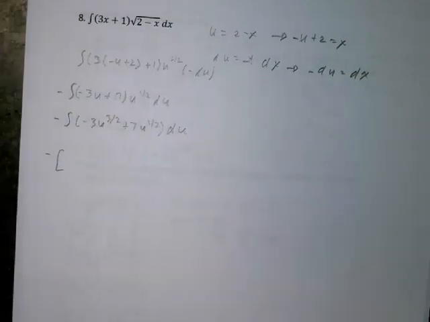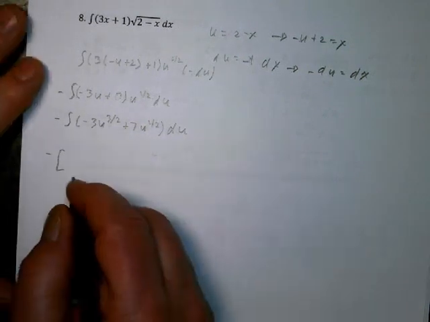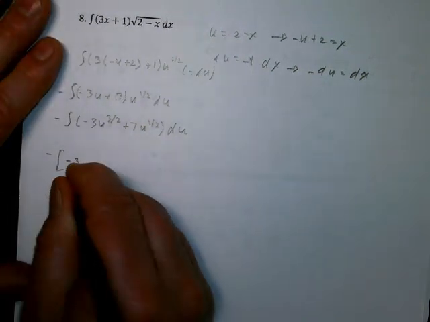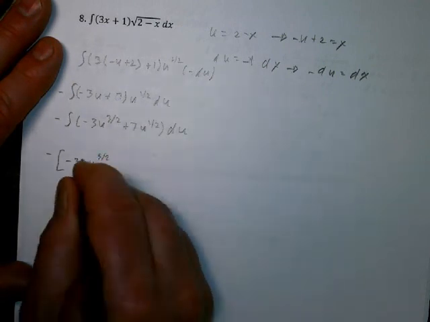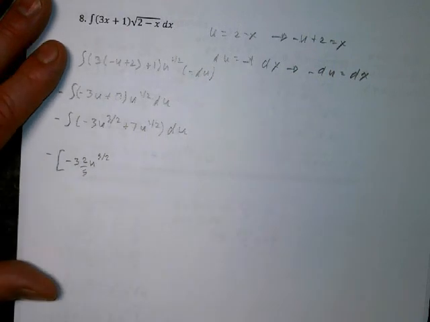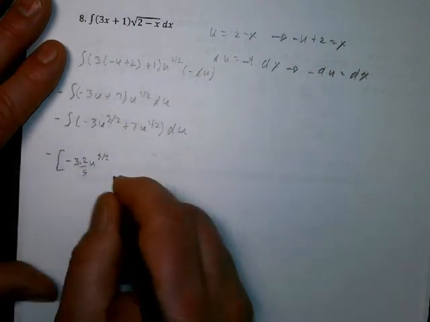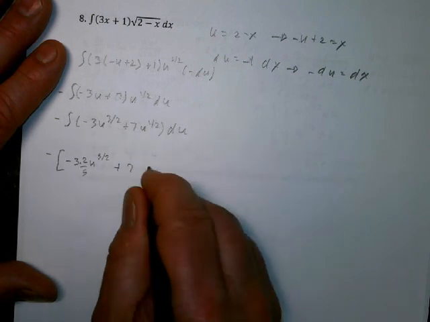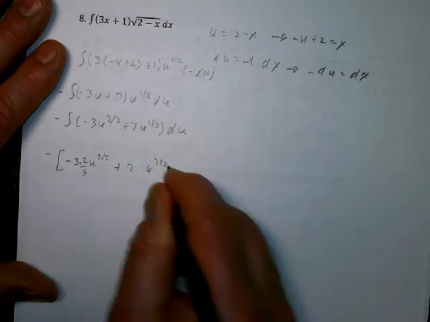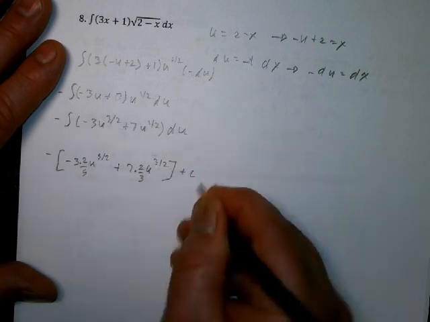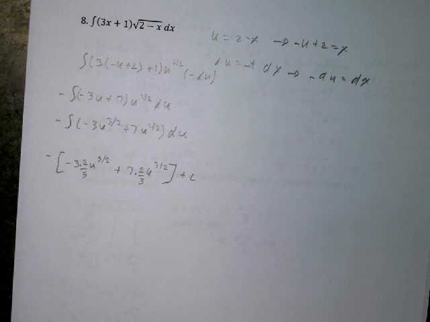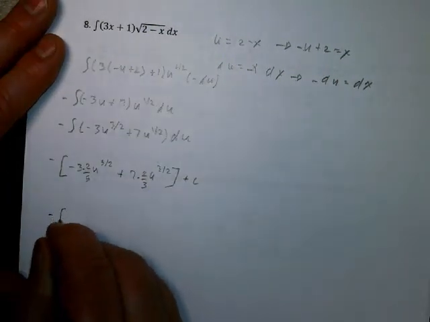Now we have this to the point where it's a lot easier to integrate. Now I integrate negative 3u to the 3 halves. Negative 3 times u, raise the exponent by 1, so it's going to be 5 over 2, multiplied by the reciprocal. Plus 7, raise the exponent by 1, multiplied by the reciprocal. Plus c.